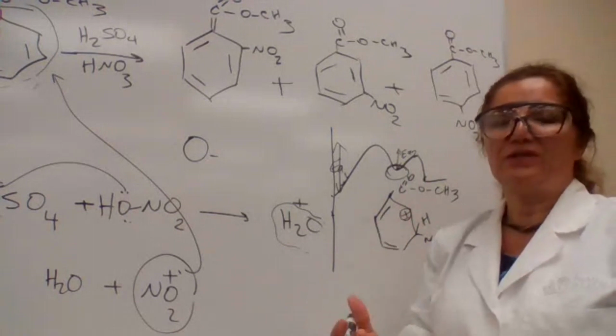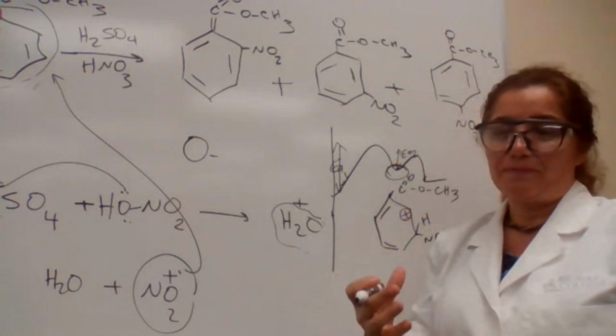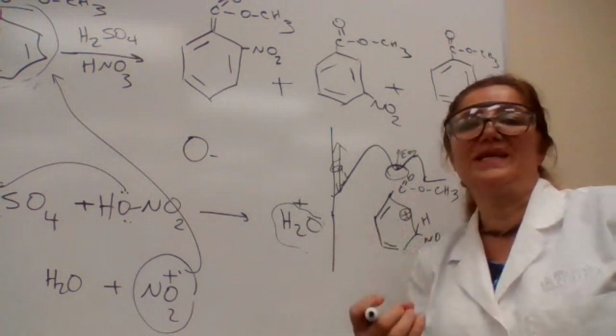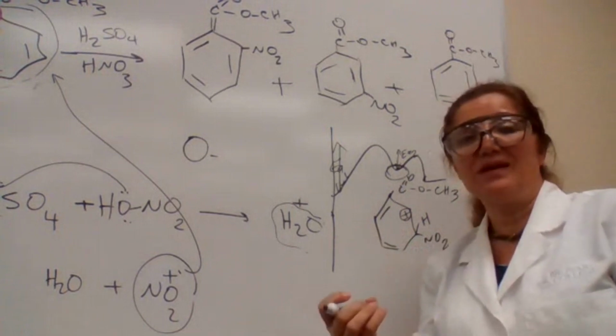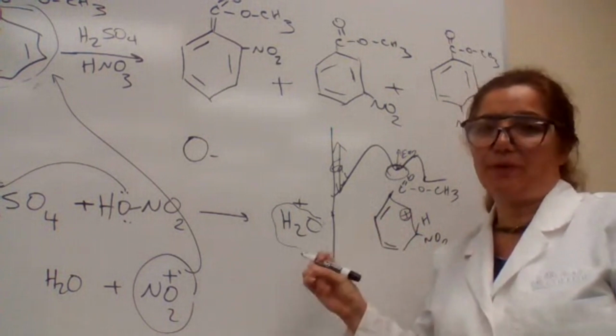That means that intermediate is going to be more stable. If it's more stable, it's going to form faster. So a more stable intermediate is going to form faster and is going to yield the major product.